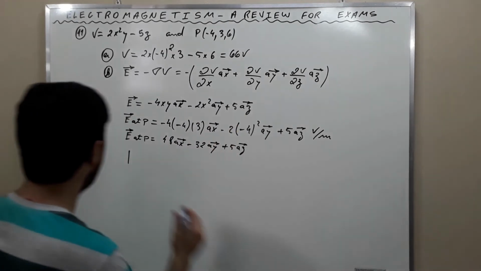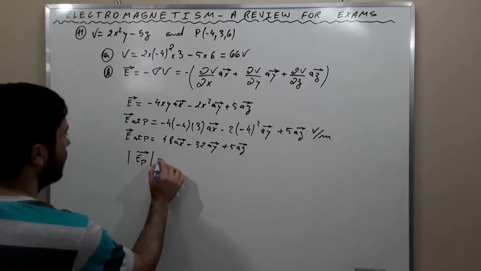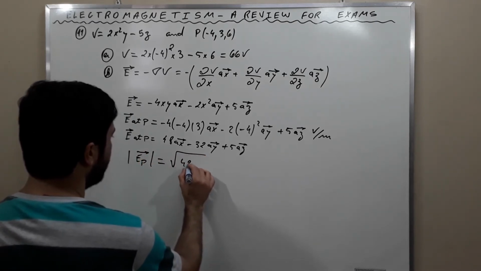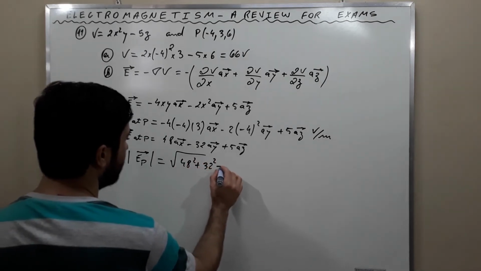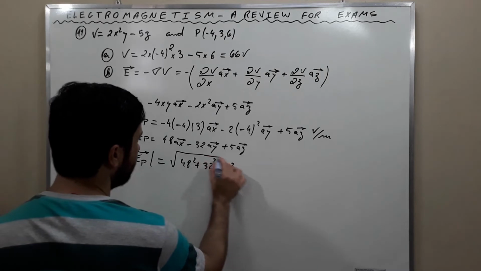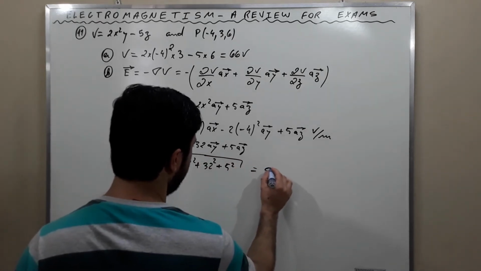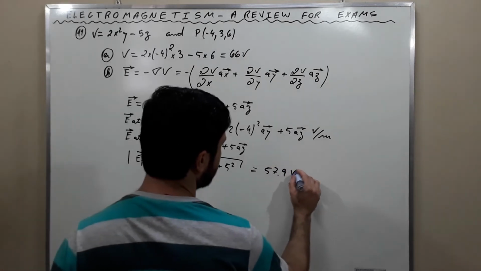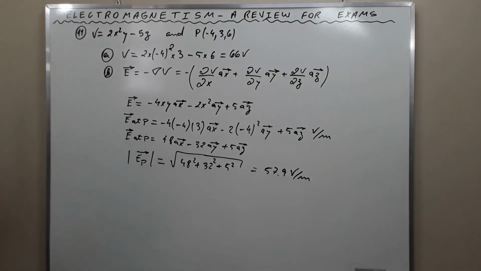The magnitude of the electric field at P is going to be the square root of 48 squared plus 32 squared plus 5 squared, and this is equal to 57.9 volts per meter. This is all for letter B.